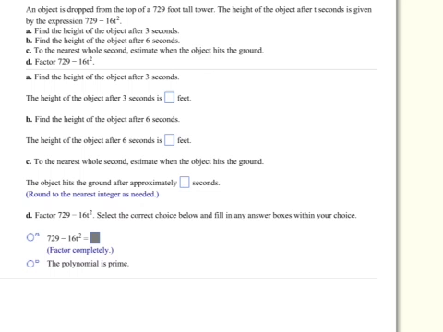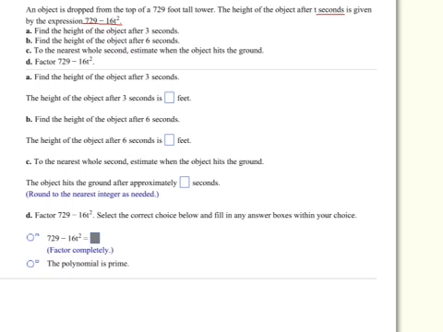Okay, the only other problem that we need to look at today is number 11. This is the last problem of the day. I've got an object dropped from a 729-foot tall tower, and the height of the object is represented by the expression 729 minus 16t squared, where t represents the number of seconds.